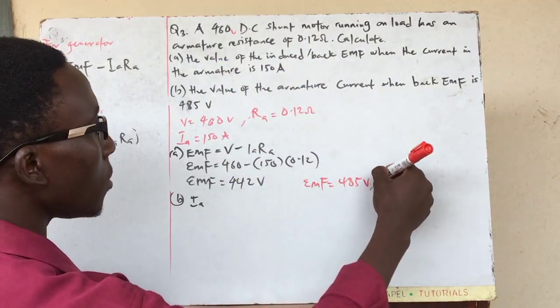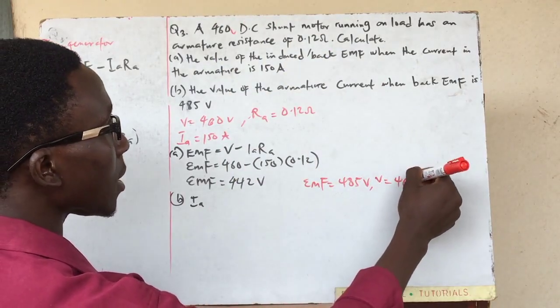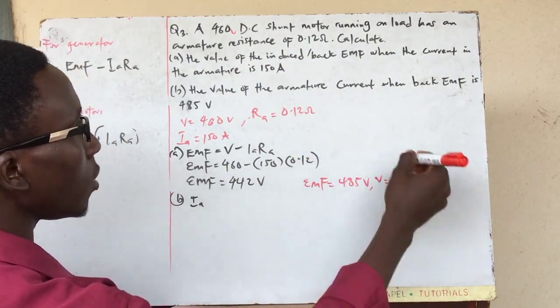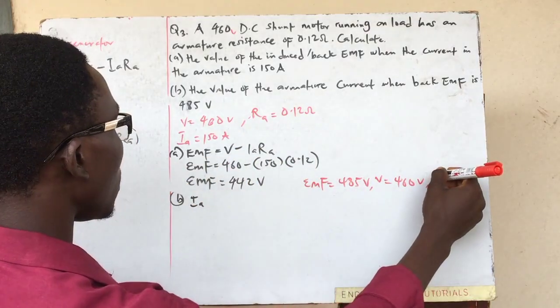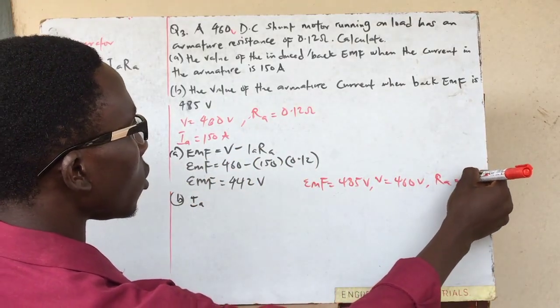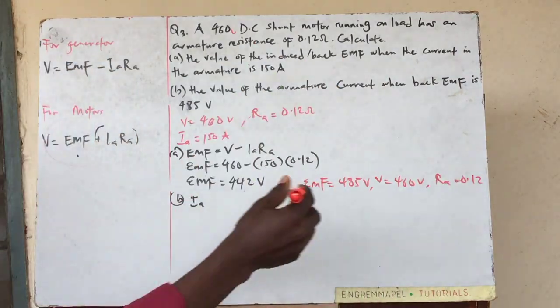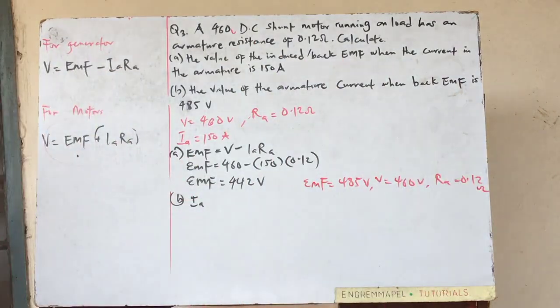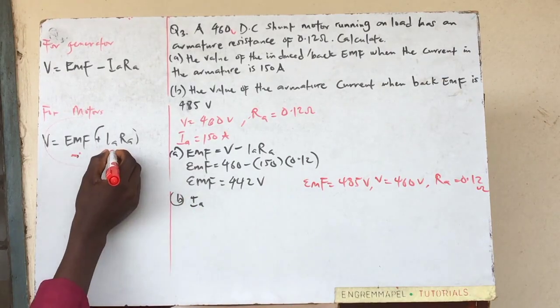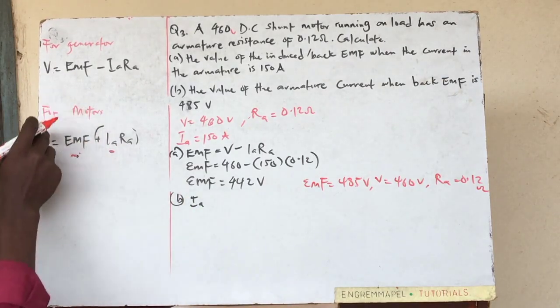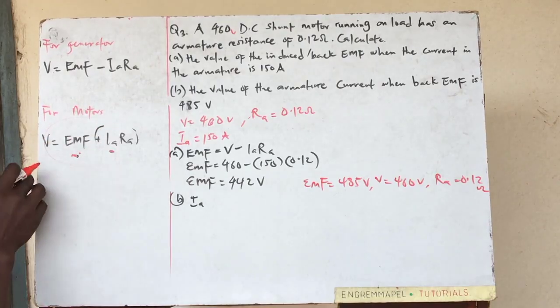Remember, your voltage still remains 460. That one is fixed. Then you have your RA also. RA also still remains 0.12 ohms. So we can solve for them by using the same formula. We are looking for the IA. So you are making this subject of formula. You bring this here, then you bring this as divide here. So what am I saying?